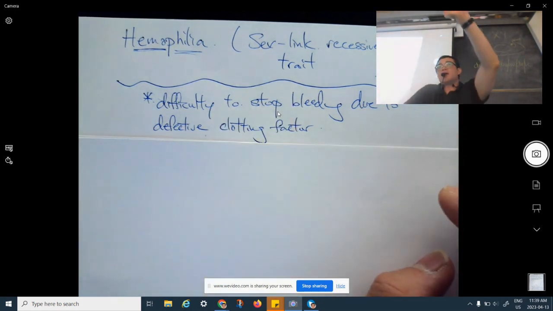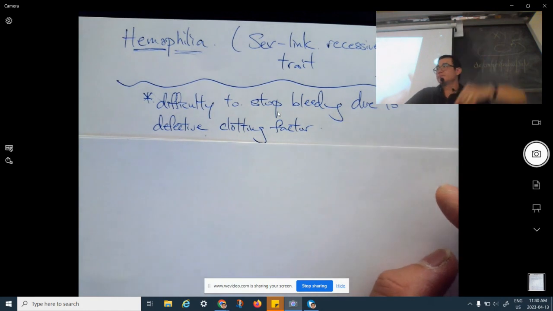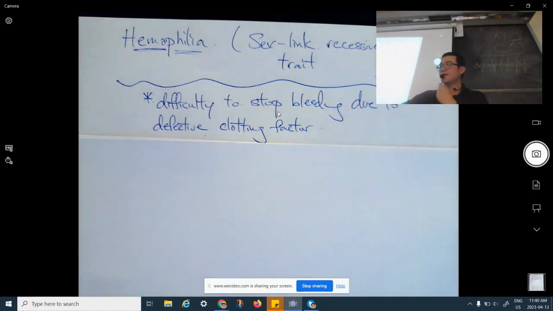Is it related to hemoglobin? Well, the condition is not related to hemoglobin, but keep in mind, hemo or hema is basically the root word for blood. So hemoglobin is a protein related to blood.